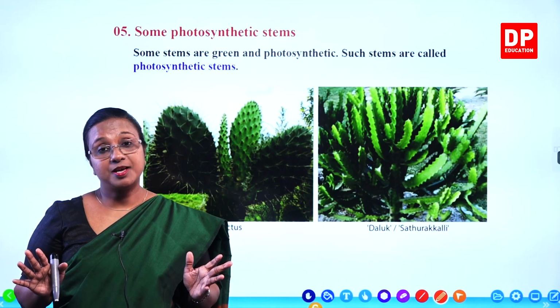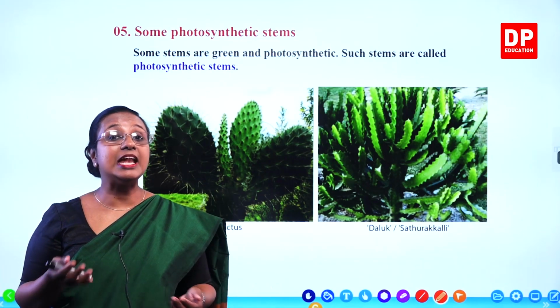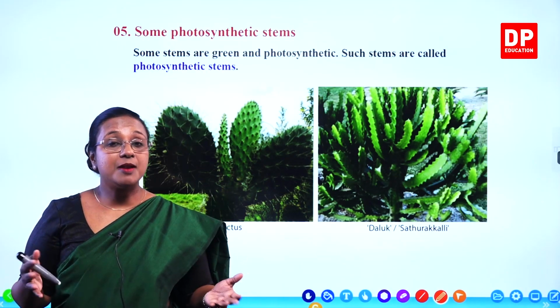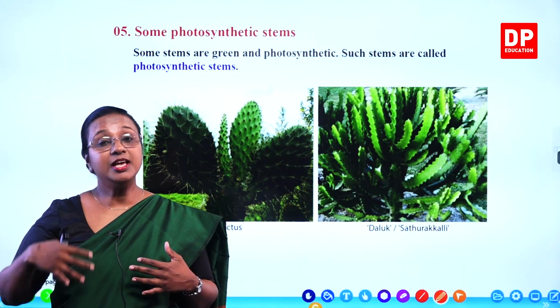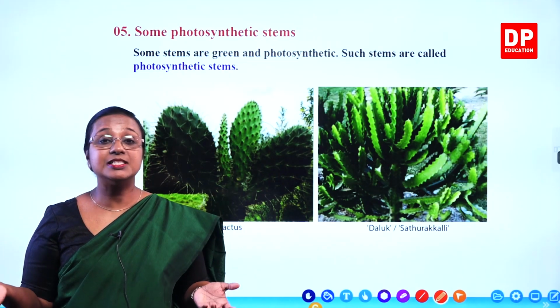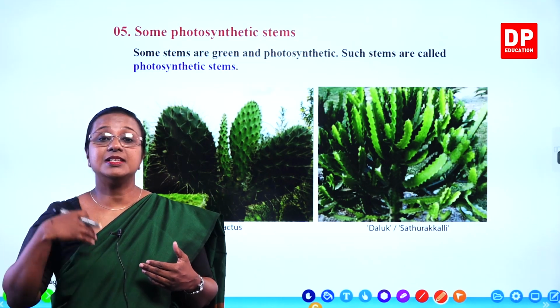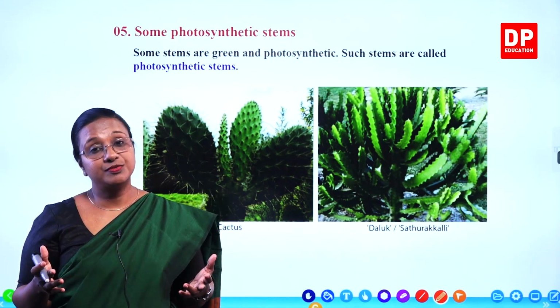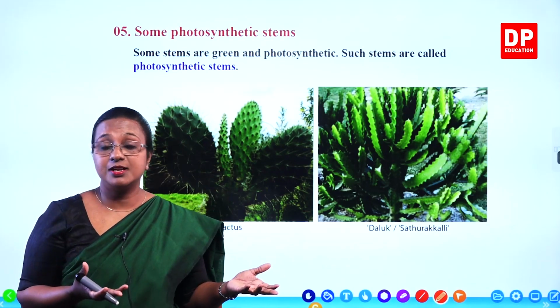But at the same time, if the plant is growing in an arid environment, an environment where there is less water and more strong sunlight or heat, so the environment is dry, what happens is there is an excessive amount of water lost from the plant, excessive transpiration.